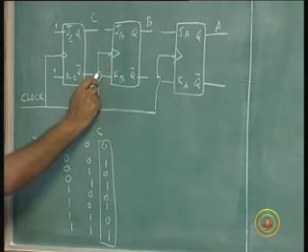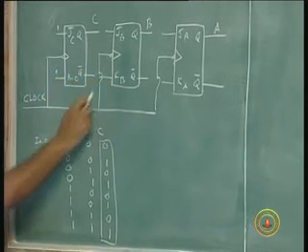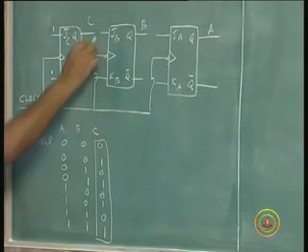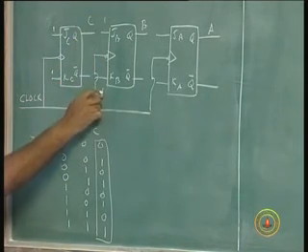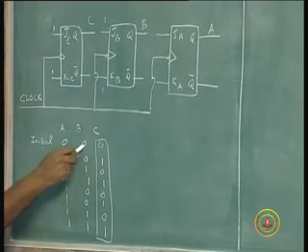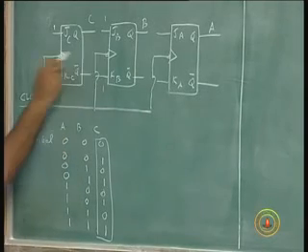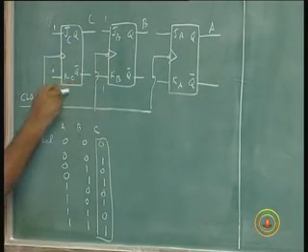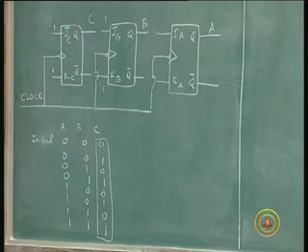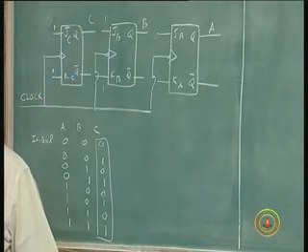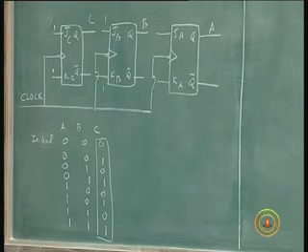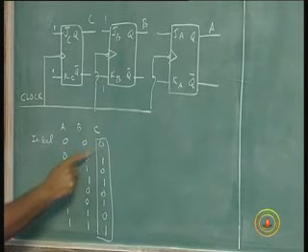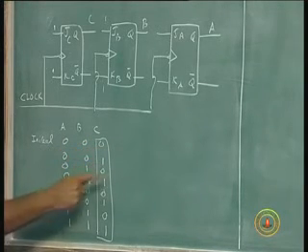Here, of course, if I put JK 1 1 for the second flip-flop B, this will also change 0 1 0 1 0 1, because I am giving the clock to all the flip-flops, and I put a 1 1. So whenever I put a 1 1, this is a toggle mode. In a toggle mode, when you give a clock, the output changes, complements itself. So from 0 0 it will become 1 1, then 0 0 1 1, which I don't want.